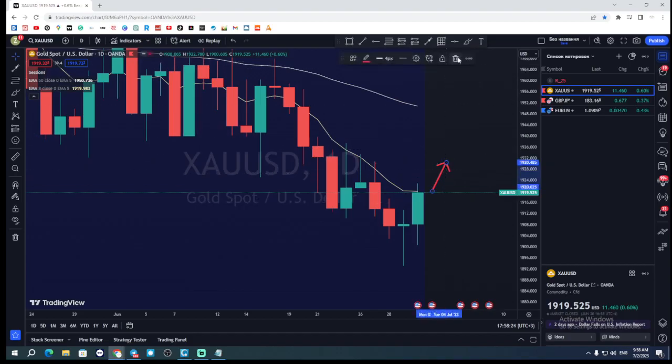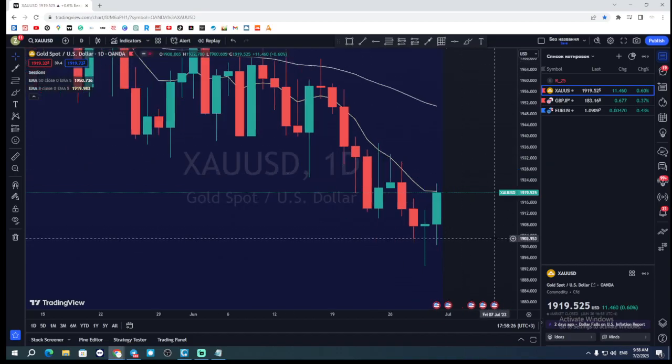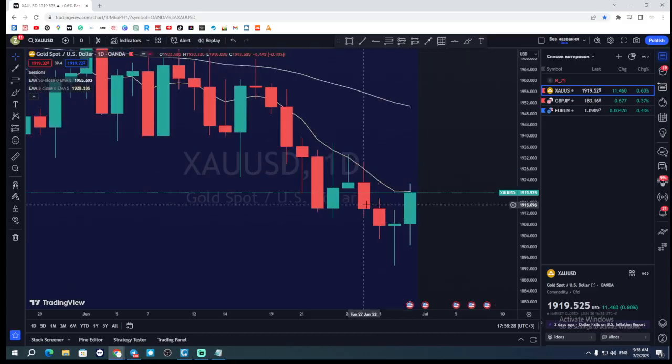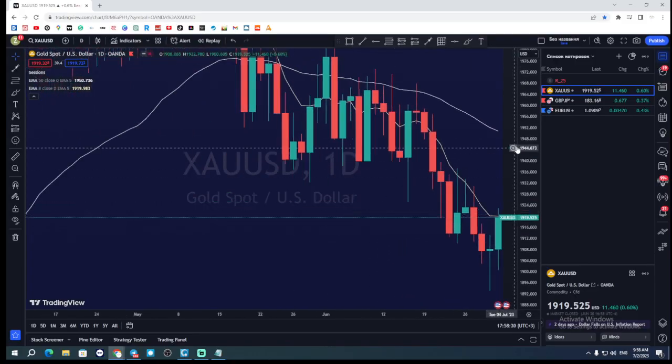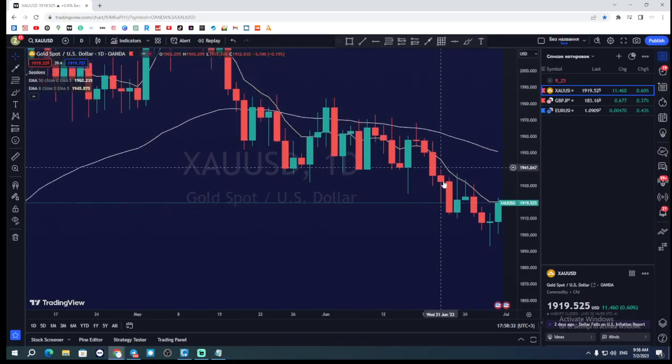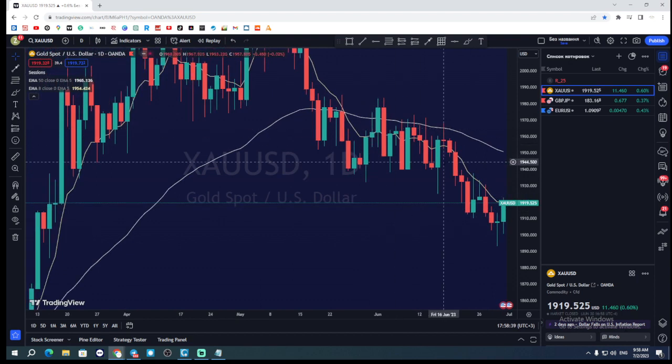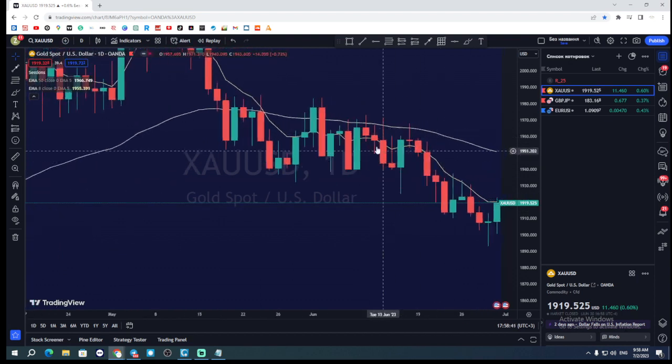So yeah, guys, that's the reading of the price action. I know, guys, this is not for beginners, but that's the way I visualize the candlestick.